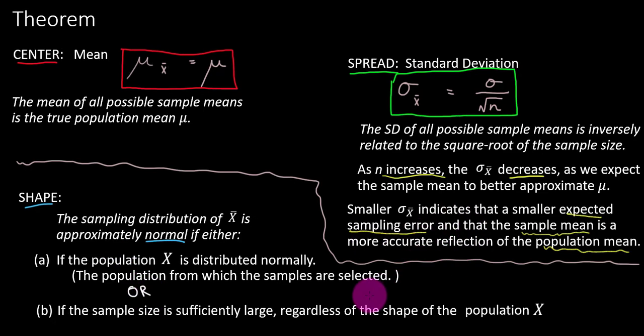B, regardless of the shape of the population, as long as you have a sufficiently large sample size, that is enough to assume that the sampling distribution of the sample mean is approximately normal. This may warrant a little more explanation. I will need more space.